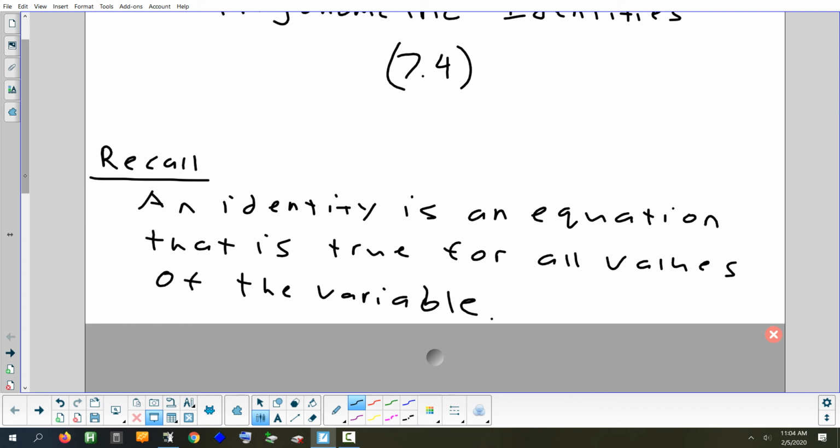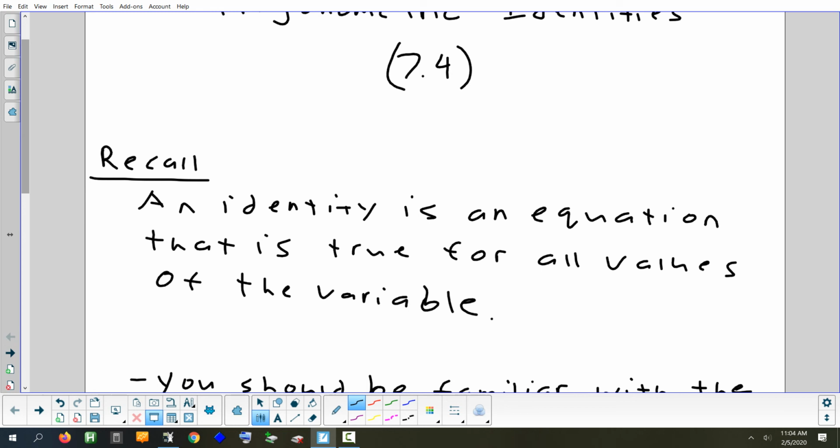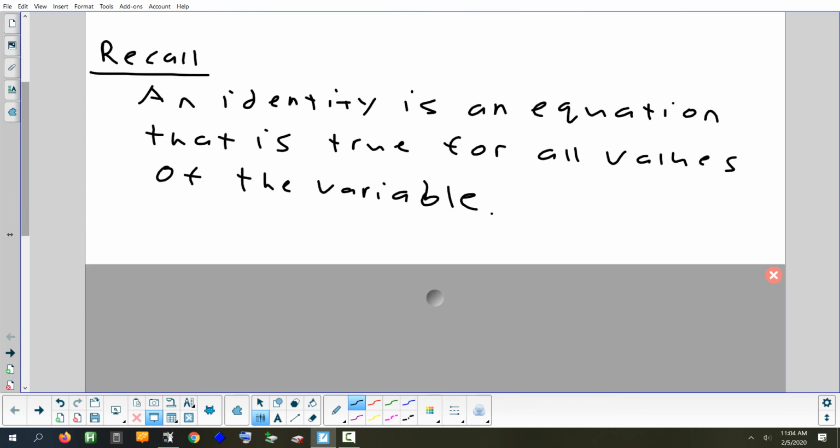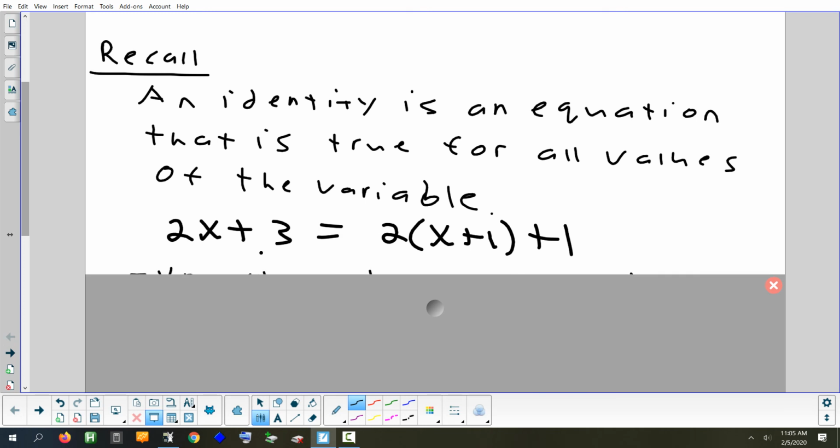So an identity is basically a formula, an equation that is true for all values of the variable. Okay. So here is what we would call an algebraic identity. If I had somebody solve that equation in Algebra 1, what you would end up with is the same thing on the left and on the right. 2x plus 3 equals 2x plus 3.